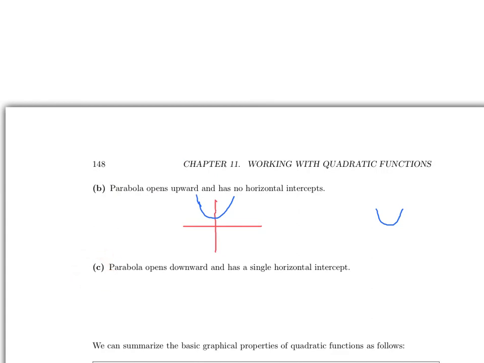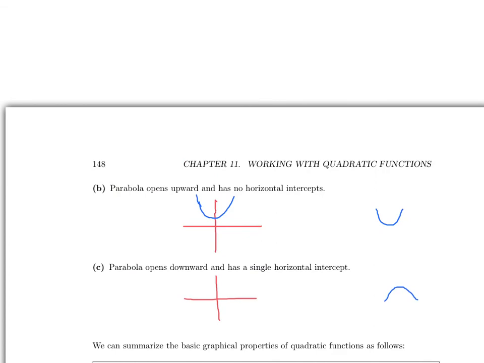Let's look at part C. Now we want to draw a parabola that opens downward and has a single horizontal intercept. So again, let's begin by drawing some axes. The parabola we want to draw this time opens downward, so it has to look like this, and it has to cross the horizontal axis in exactly 1 spot.